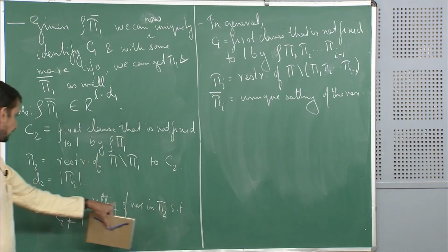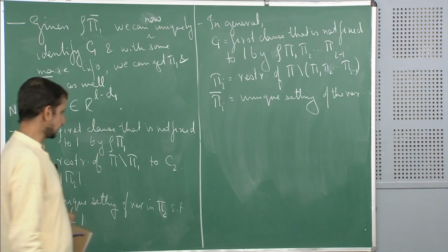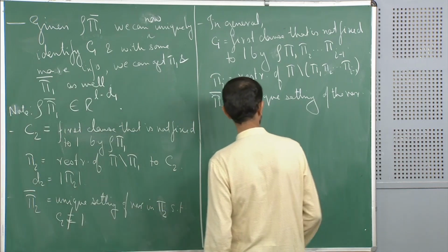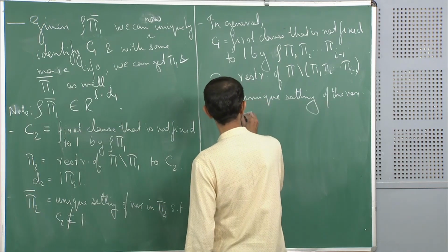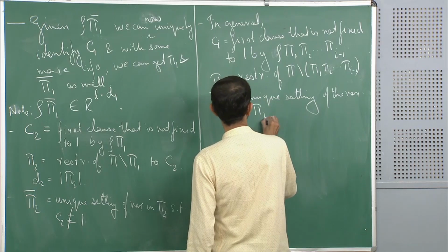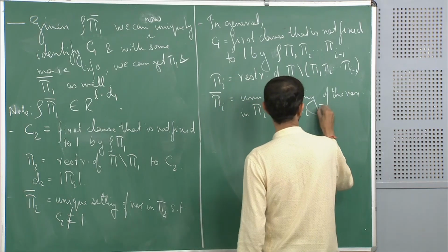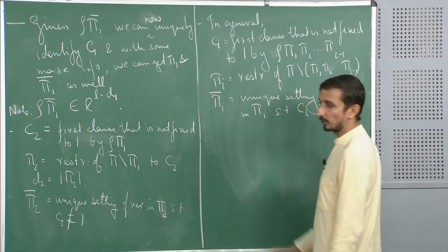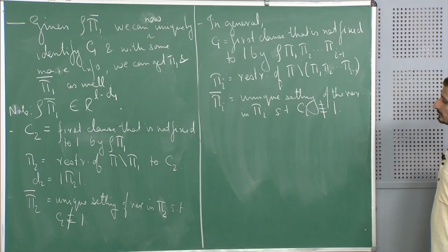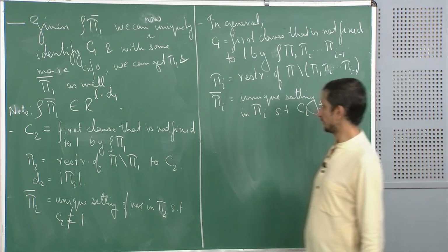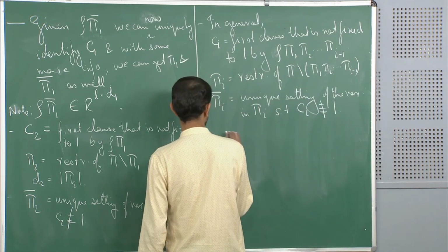So unique setting of the variables in pi 2 such that C2 is not 1. Okay, so unique setting of the variables in pi i such that Ci is not identically 1.